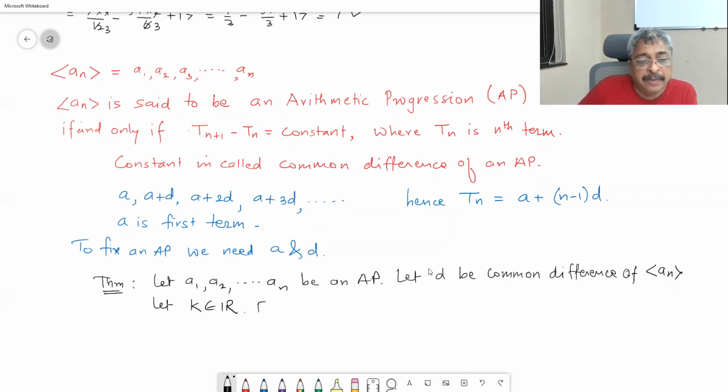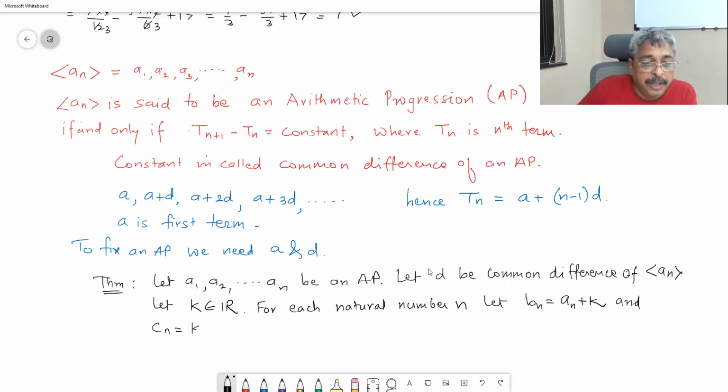For each natural number n, let Bn is equal to An plus K, and Cn is equal to K times An. Then 1, Bn is an AP. 2, Cn is an AP.